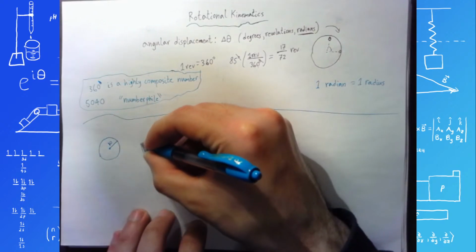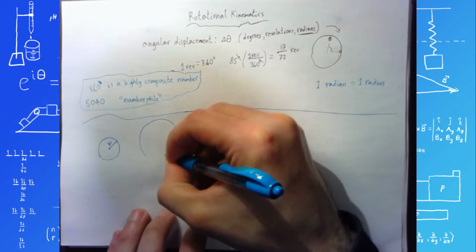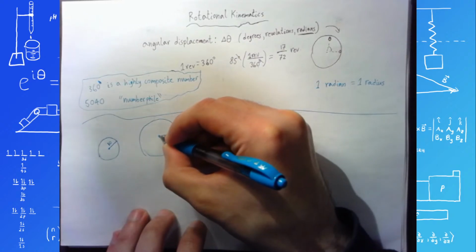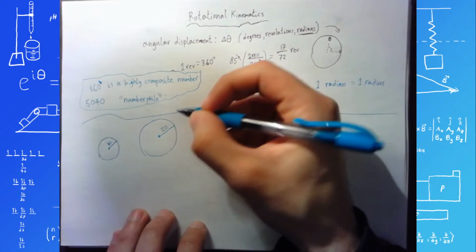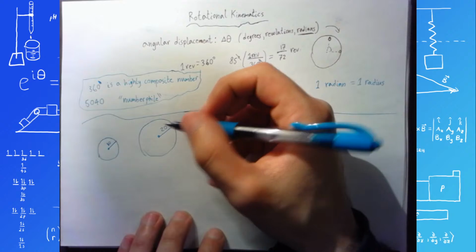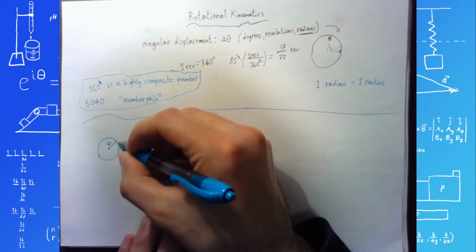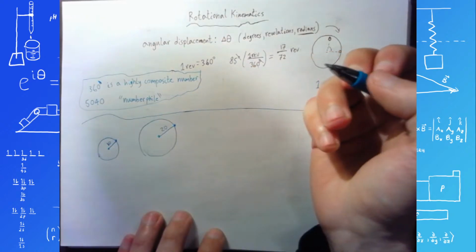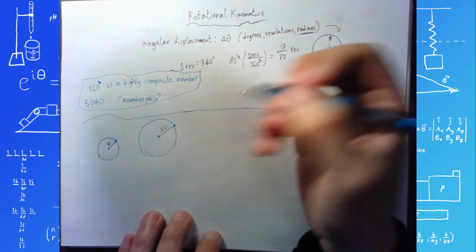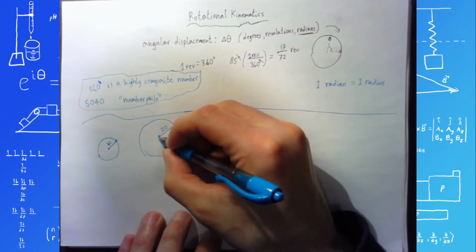And then circle 2 over here will have a radius of, let's call that 20. And let's say that an object on each circle moves through 120 degrees, so a third of a circle.